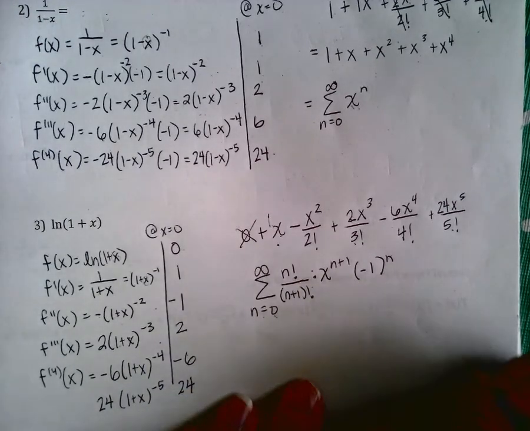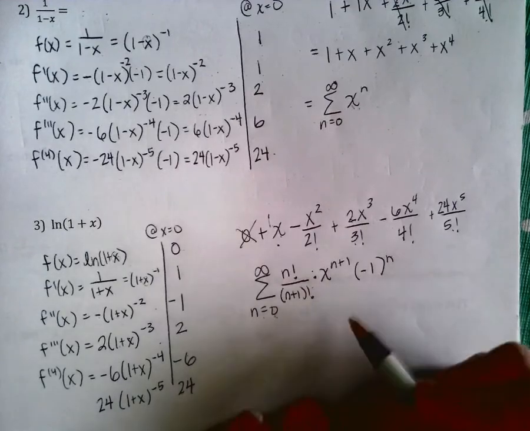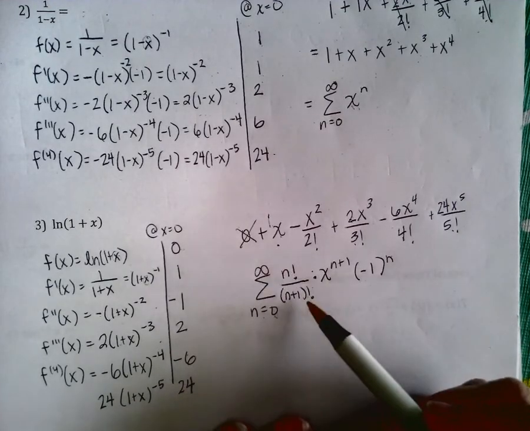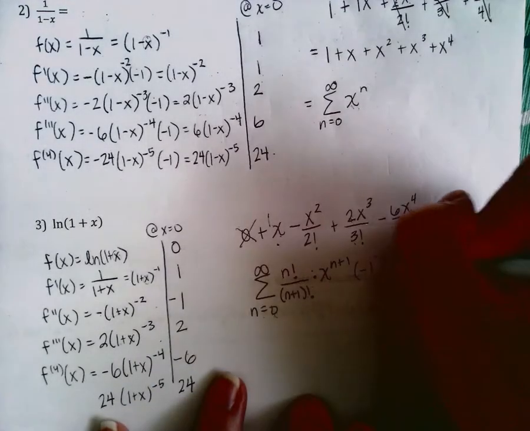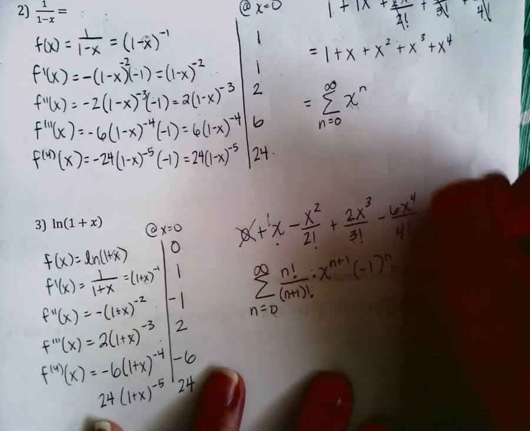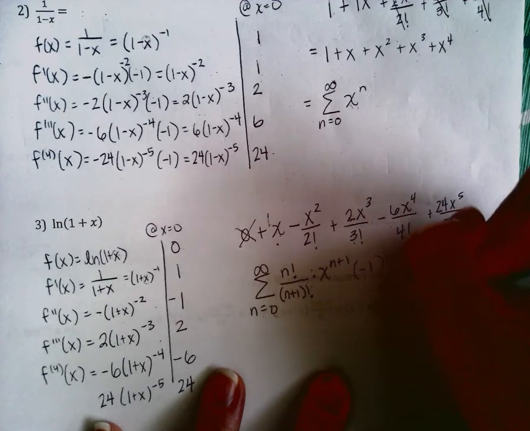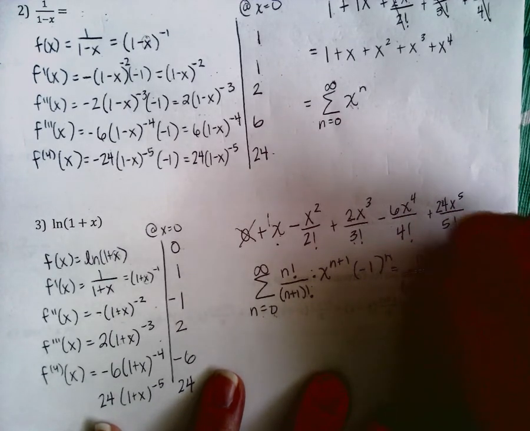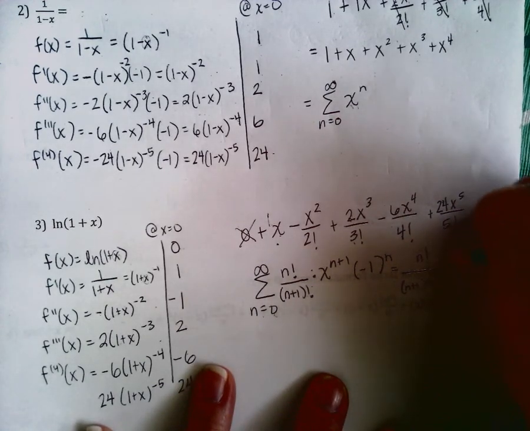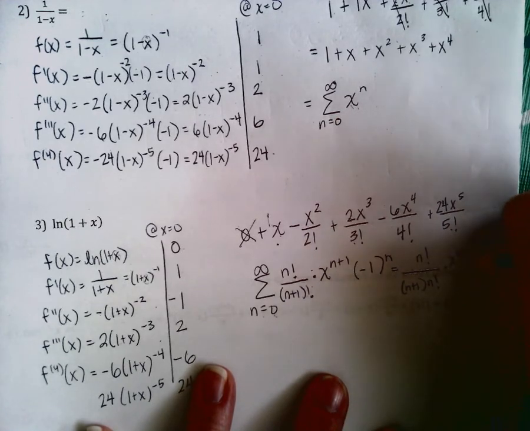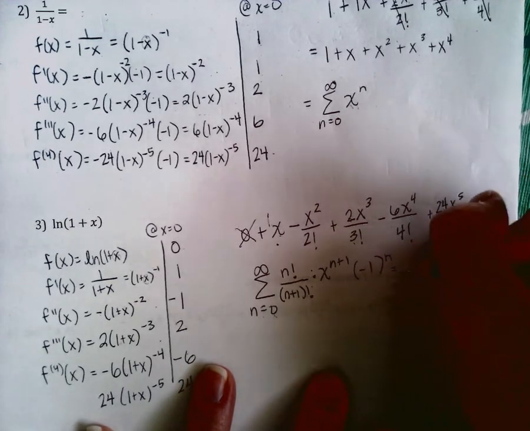And while this looks nice, I would like to try to reduce these factorials. So I'm going to rewrite on the bottom that n plus 1 factorial as n plus 1 times n factorial. Then we have times the x to the n plus 1 times negative 1 to the n. And that allows me to cancel it out.